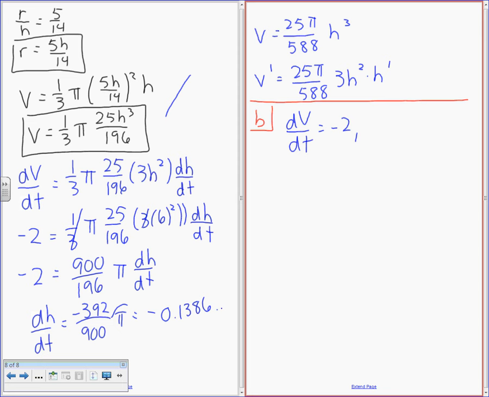H, thank you. H is 6. Courtney, what else do I know? It says, at what rate is the radius of the top of the water changing? That's dr by dt. That's what we're actually looking for in this case.